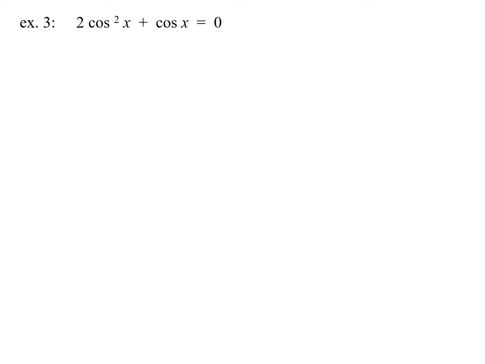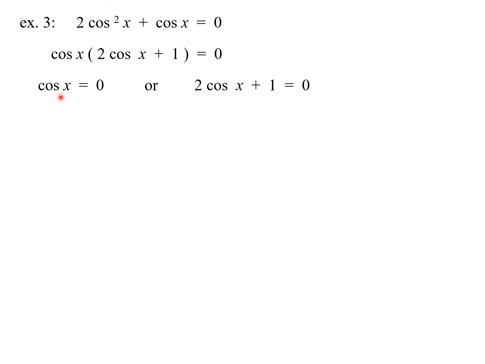All right, now let's do example number 3. Now I notice that there's a common term, cosine, in both terms. So I'm going to factor it out. What's left behind is 2 cosine of x plus 1. Then I'm going to set each of these equal to 0 and solve them in turn.